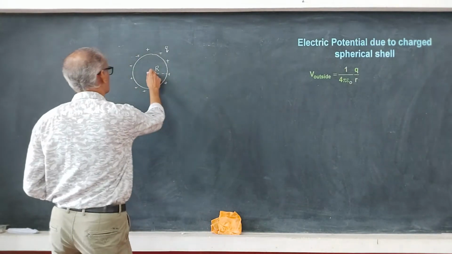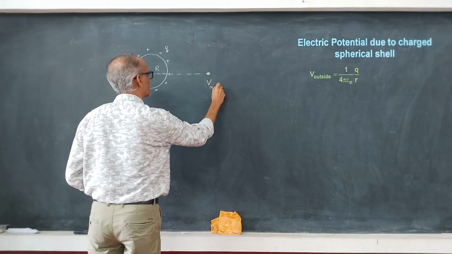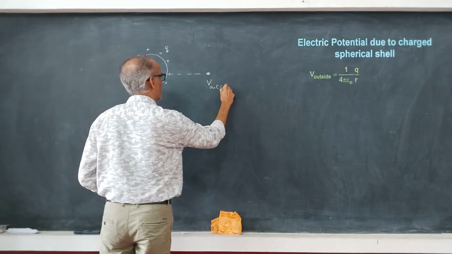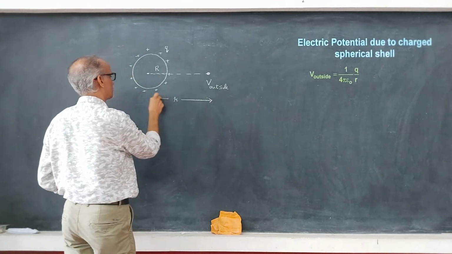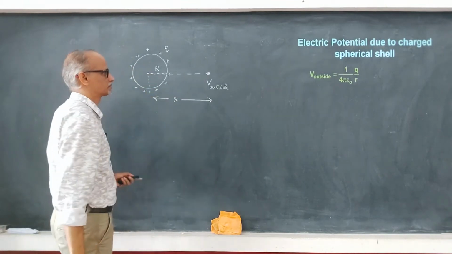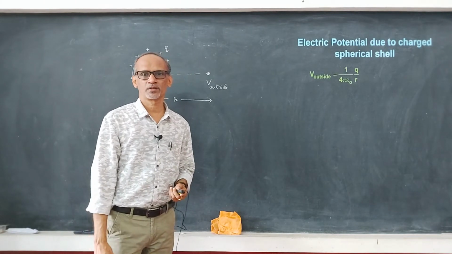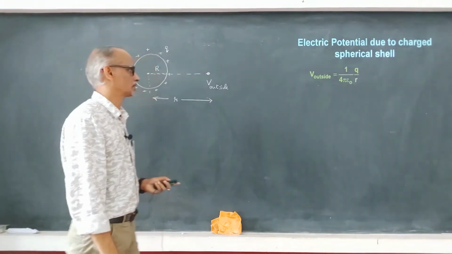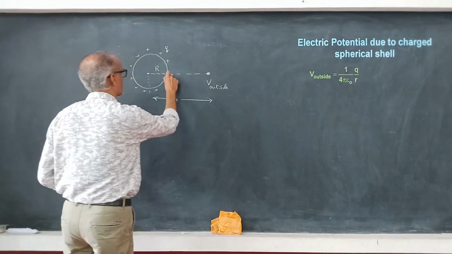Then what is the potential outside, V out, at a distance small r from the center of the sphere? The formula is V outside is equal to 1 by 4 pi epsilon naught Q by r. That is at a point outside.